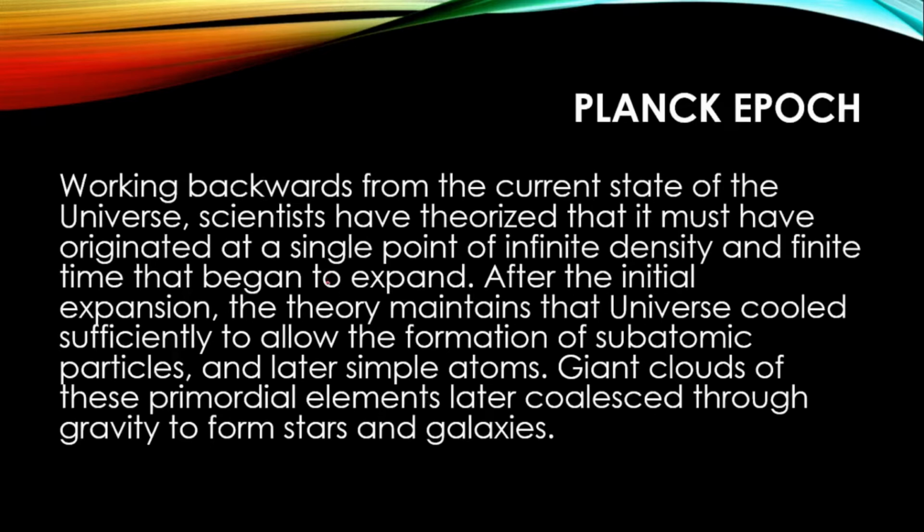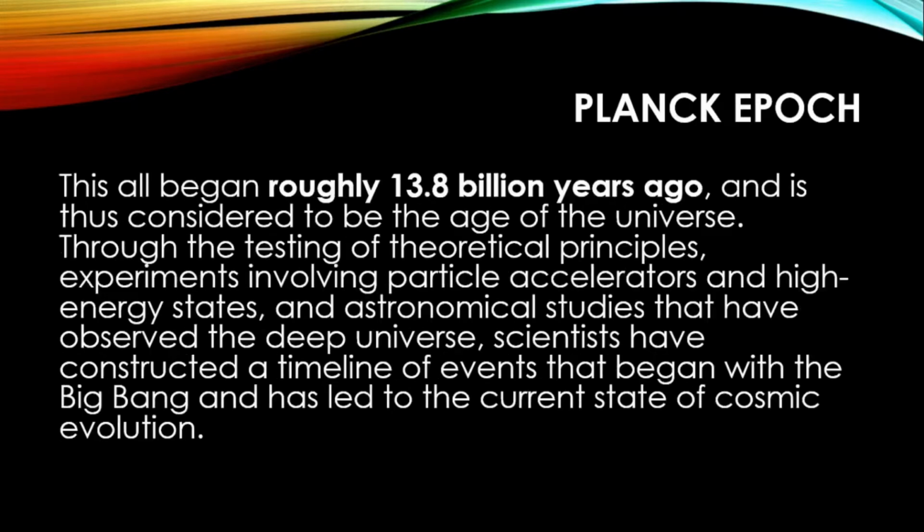Those giant clouds are the origins of the stars and the galaxies, as well as the planets, as a byproduct of the subatomic particles that later develop into simple atoms. So that was after the Planck epoch.